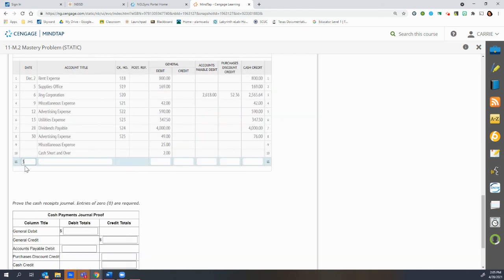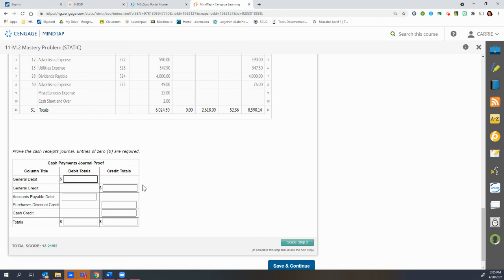And then we do the same thing here. Totals. We have to add up that line. $60.24.50. And 85.90.14.